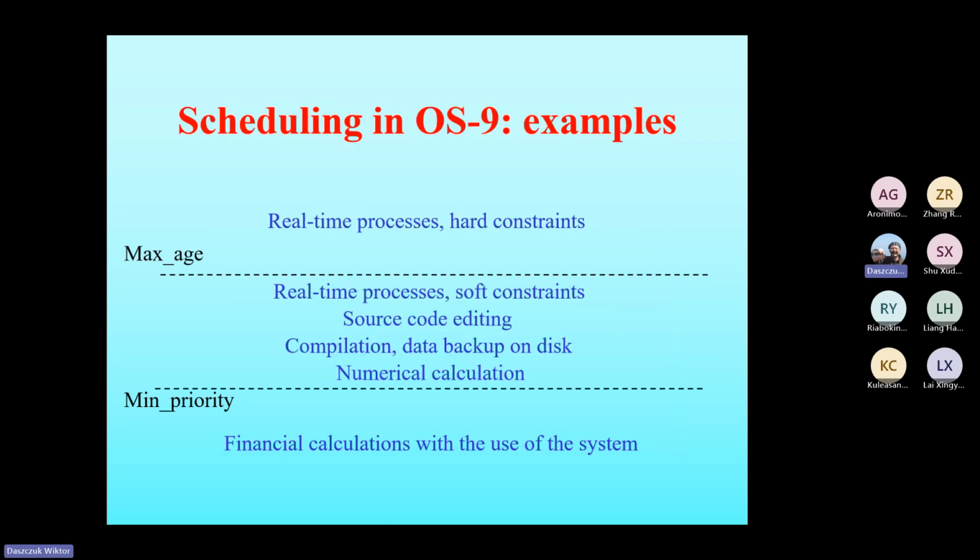I imagined how I would run a set of processes in such a system, processes having given properties. Real-time processes with hard constraints, I would run over max age to let them finish their work as quickly as possible.